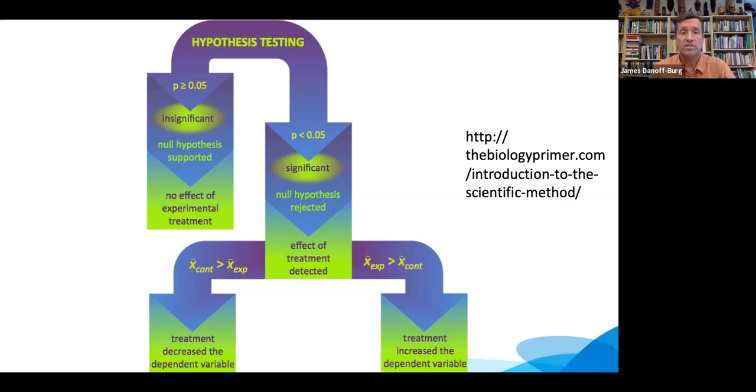And what we can do is look and see whether the control group mean value or average value is greater than the average value, that's how you summarize mean or averages, of the experimental group. If that's the case, then the treatment decreased the dependent variable, right? If the control group was greater than the experimental group, it decreased the dependent variable, whatever that was.